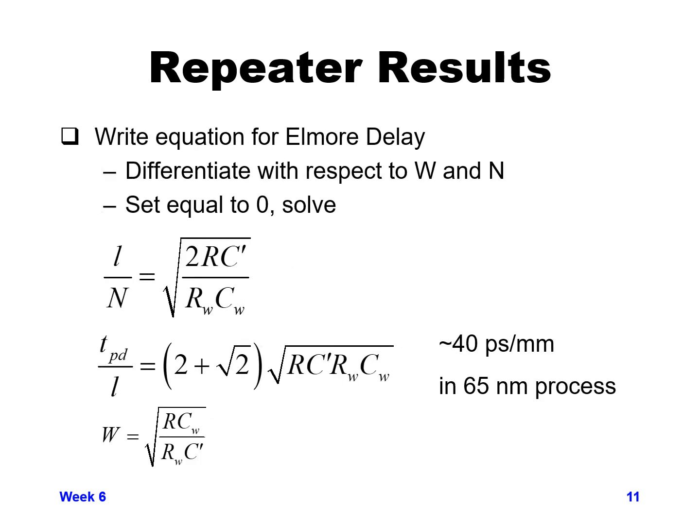Now, based on the setup that we gave in the previous slide, we can start writing some equations for Elmore delay and try to differentiate with respect to the width of your transistor and N, the number of stages, and set this equal to 0. Similar to what we did for number of logical stages, if we differentiate and set the equation to 0, you can find a local minima in order to find the ideal timing.